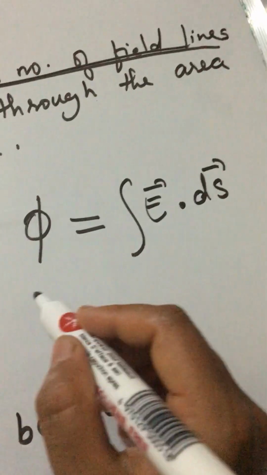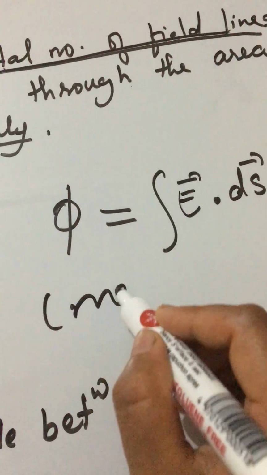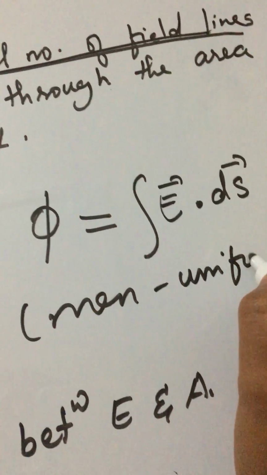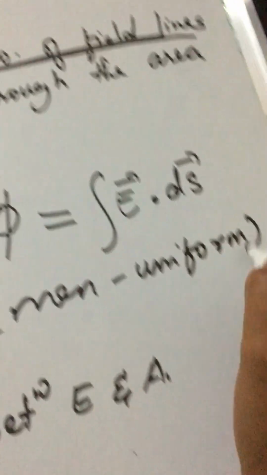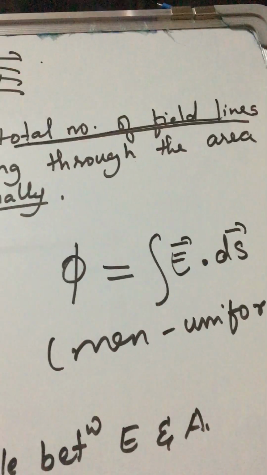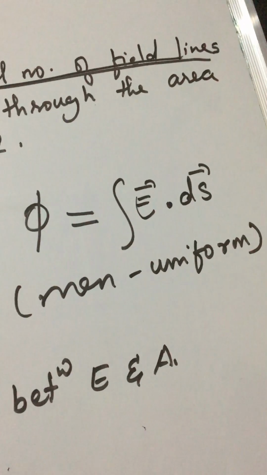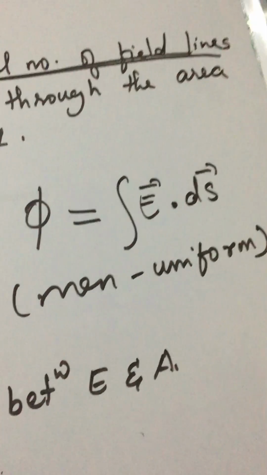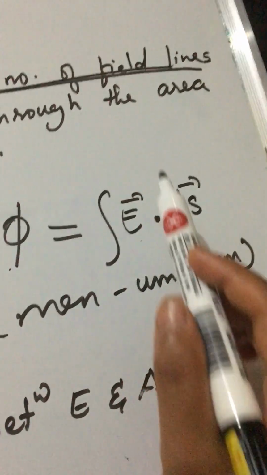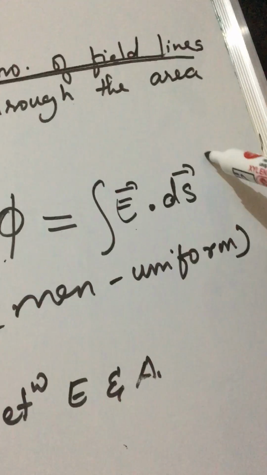So this is for the non-uniform field. Mostly we are not going to consider it, however you need to know it. In general, in all our consideration, we consider the field to be uniform.